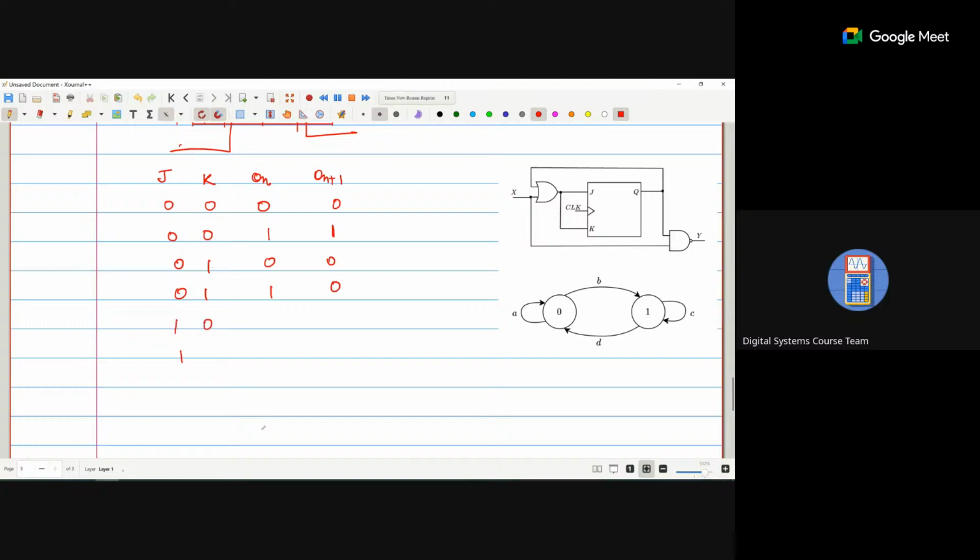When it is 1 0, either Qn is 0 or 1, we are always getting 1. And when both are 1 1, if Qn is 0, we are getting 1. If Qn is 1, we are getting 0. So this is the table that we draw.